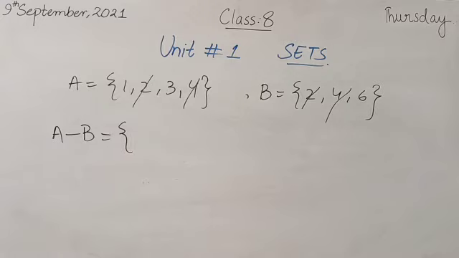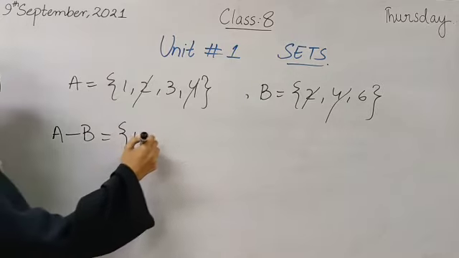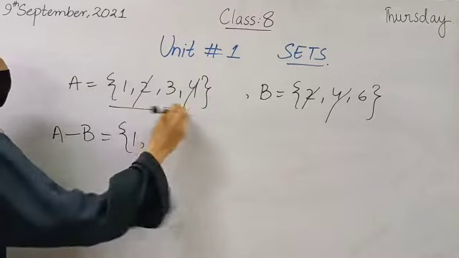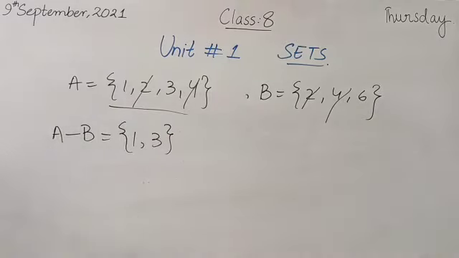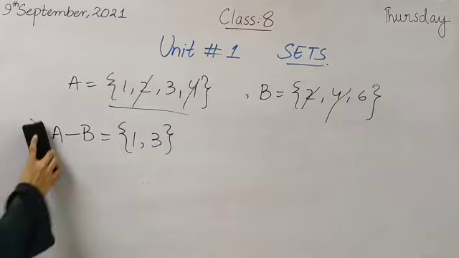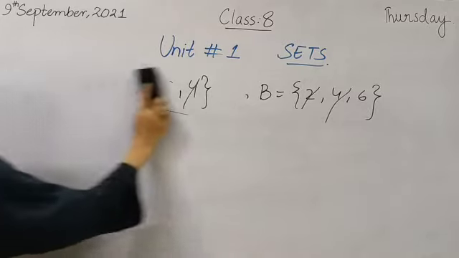Now we have only 1 and 3 in set A. So this is the difference of set A and B. Okay? The set of those elements which are not in set B. Is it okay? Then the next concept we learnt about is complement of a set.